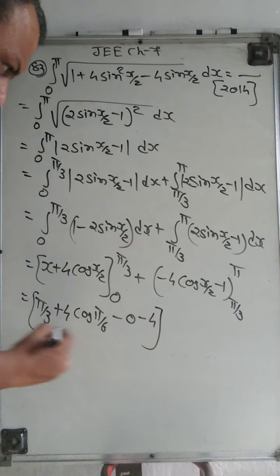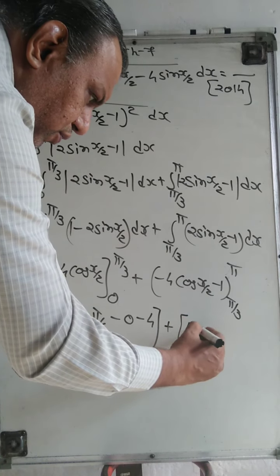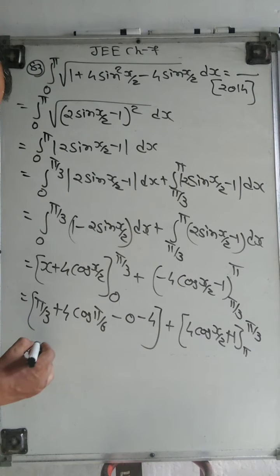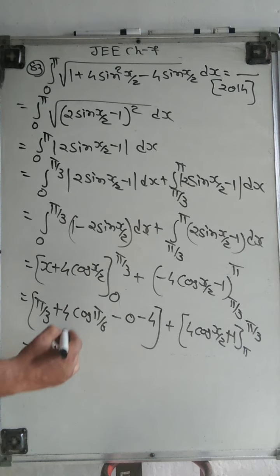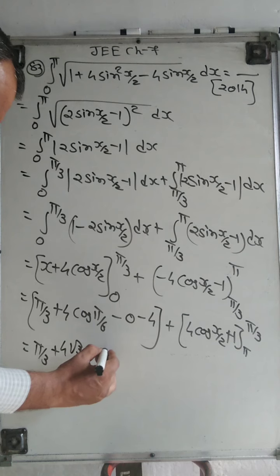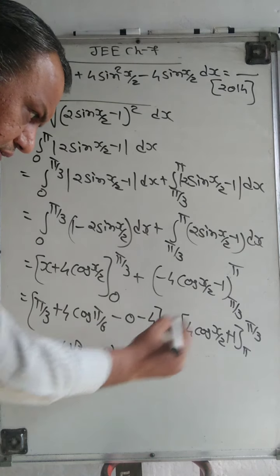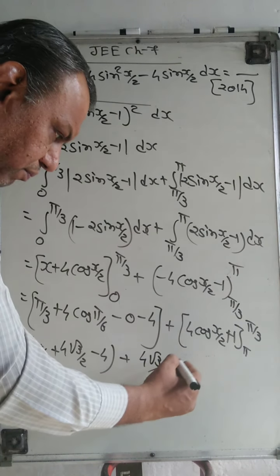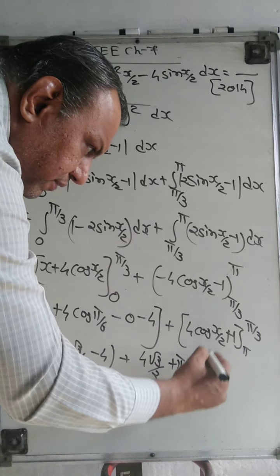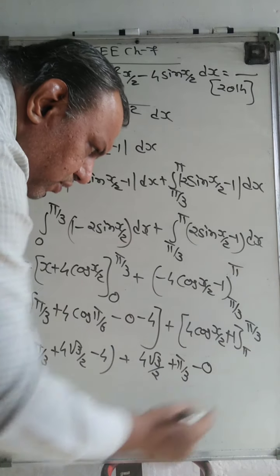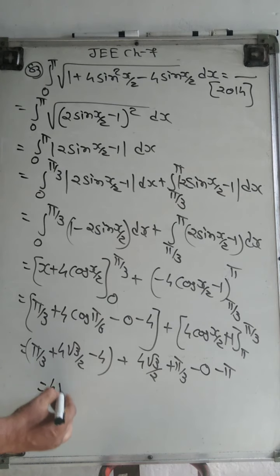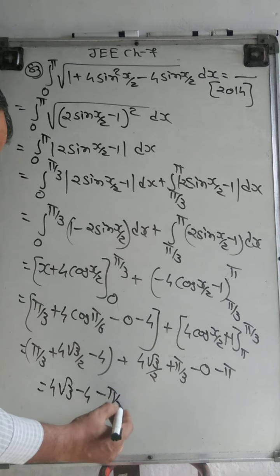Then here we change the limits, 4 cos x by 2 plus x, pi to pi by 3. So here pi by 3 plus 4 root 3 by 2 minus 4, and then plus 4 cos pi by 6 is 4 root 3 by 2 plus pi by 3 minus 0 and minus pi. Then we simplify and we get our answer, 4 root 3 minus 4 minus pi by 3.